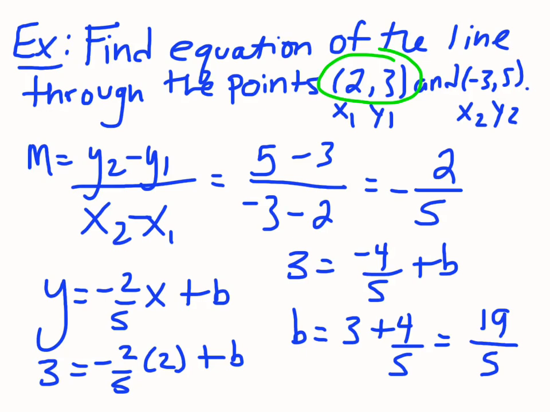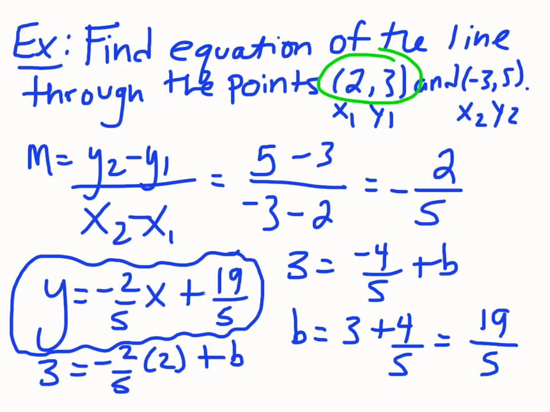Now I need to write my final equation out. I'll just erase this b value here and put in my 19 over 5. I wouldn't do that normally, I just don't have the space. And there's my equation of my line right there. It's not pretty, but it is what it is. So I have a y-intercept of 19 over 5 and a slope of negative 2 over 5.